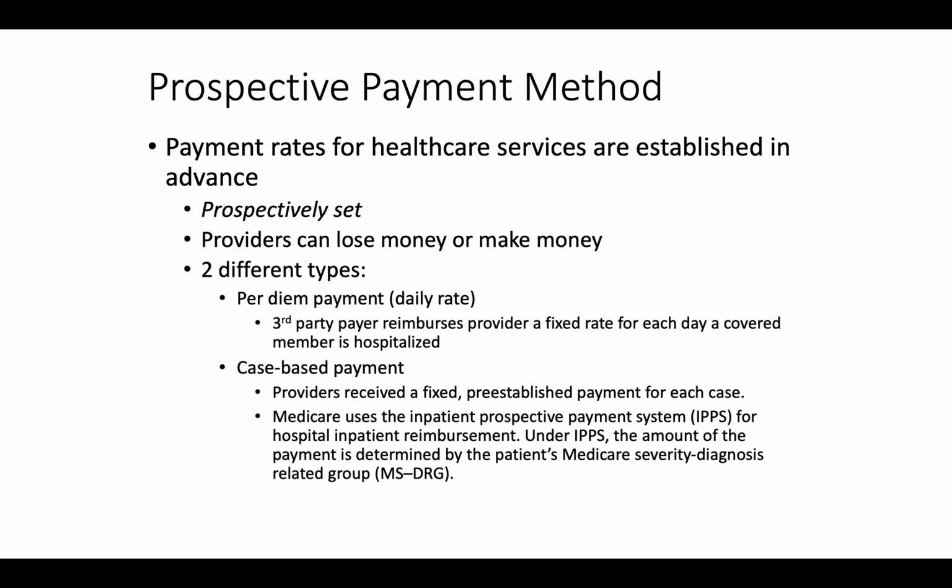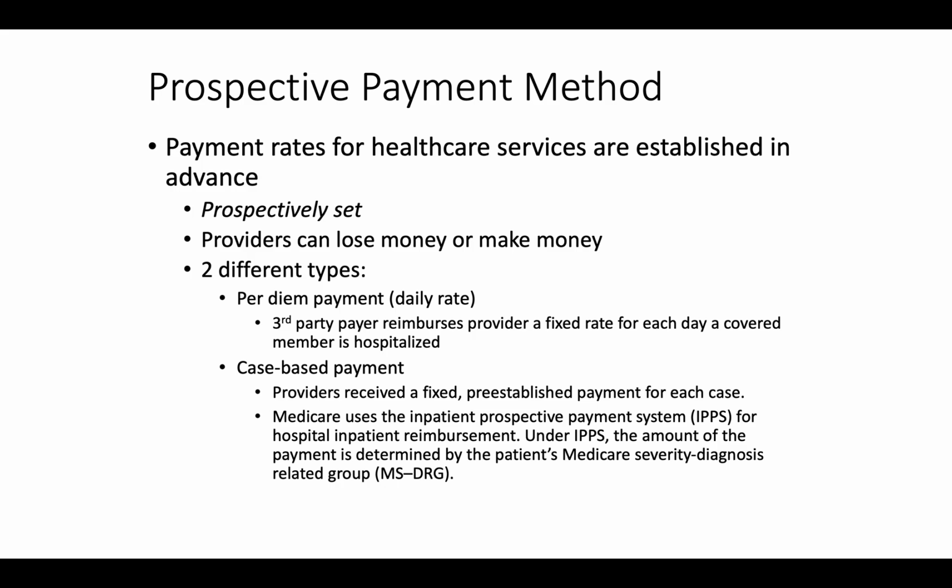So we deal with it by creating a different type of reimbursement. So prospective is what is used now. It is payment rates of healthcare services that are established in advance, prospectively. Providers can lose money or make money.